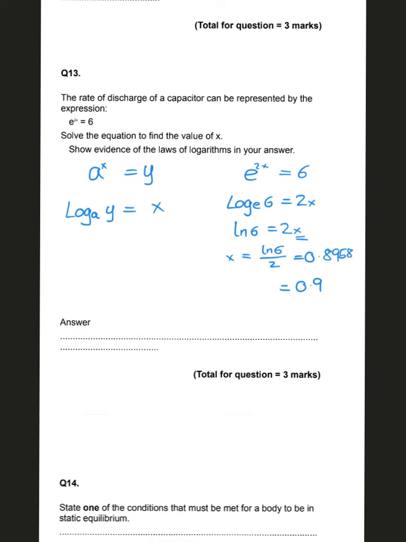So the clue here is it asks you to show evidence of the laws of logarithms. So this is one of the ones you're not given. It's something you need to know. It's the basis of all logs. A to the power of x is equal to y can just be rewritten. Log base a y is equal to x.